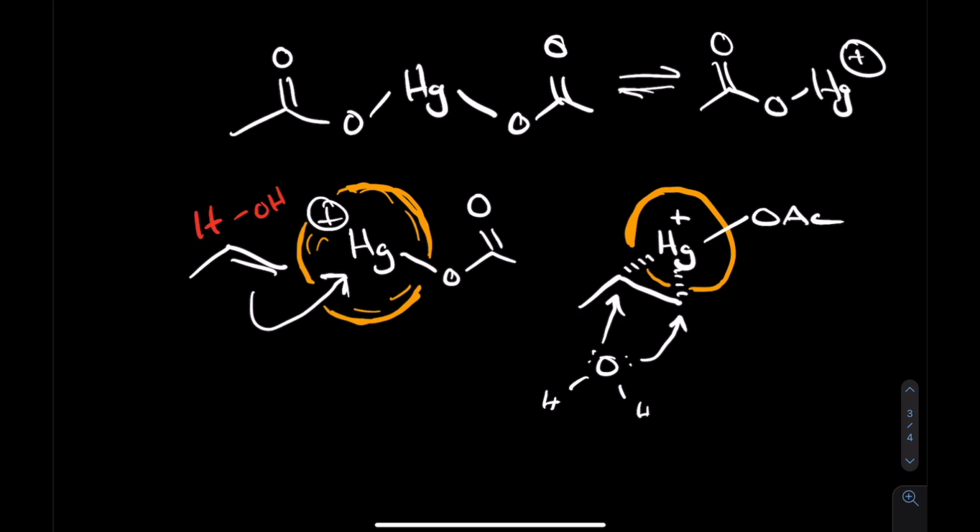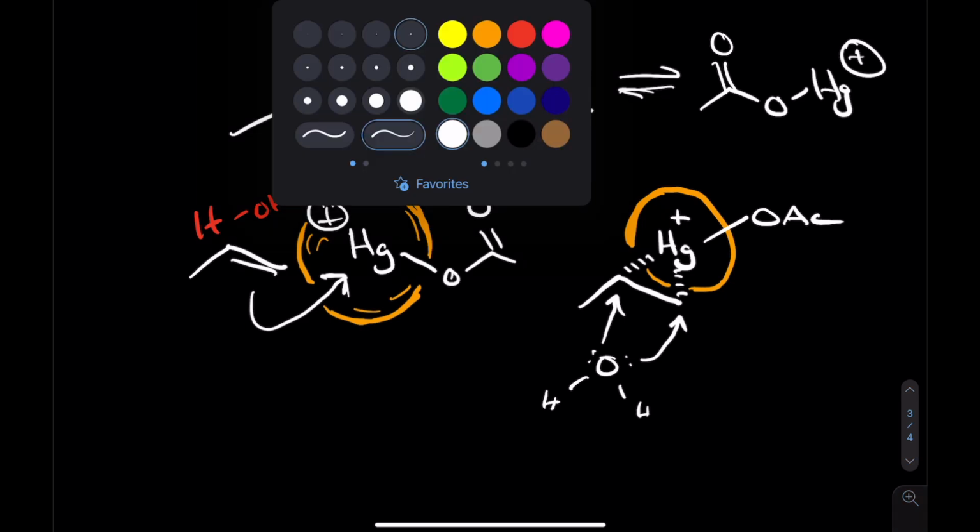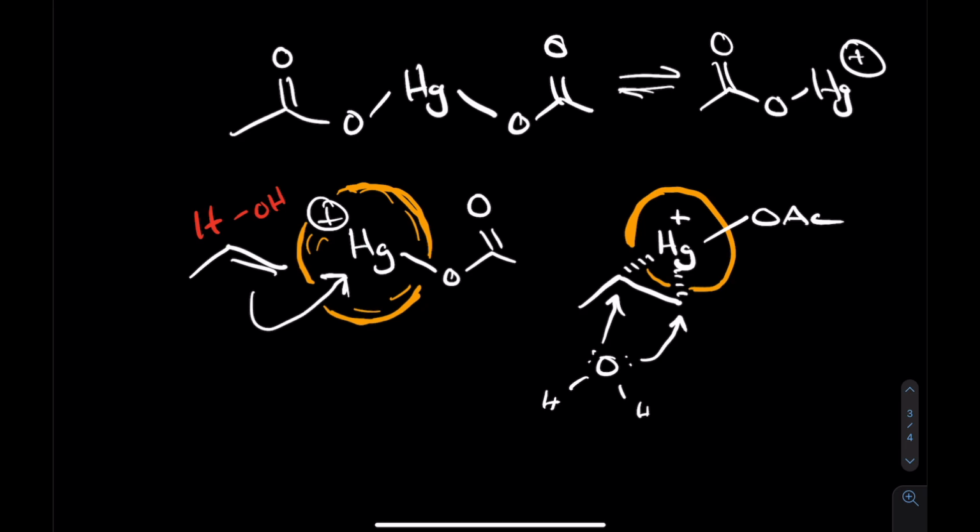All right, and it attacks preferentially the more substituted carbon because it produces that bond right there that is a bit more positively charged, right? And the reason is, well, let me just write the name of this little weird thing down. The mercurinium ion. Actually, it's a bit stronger here.